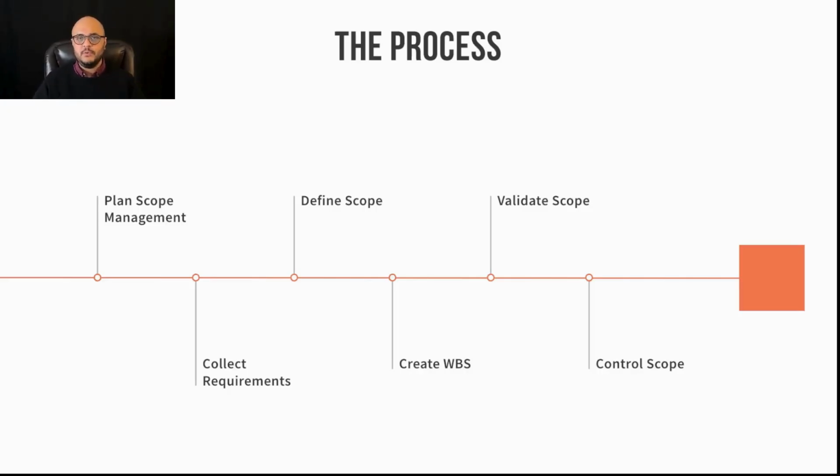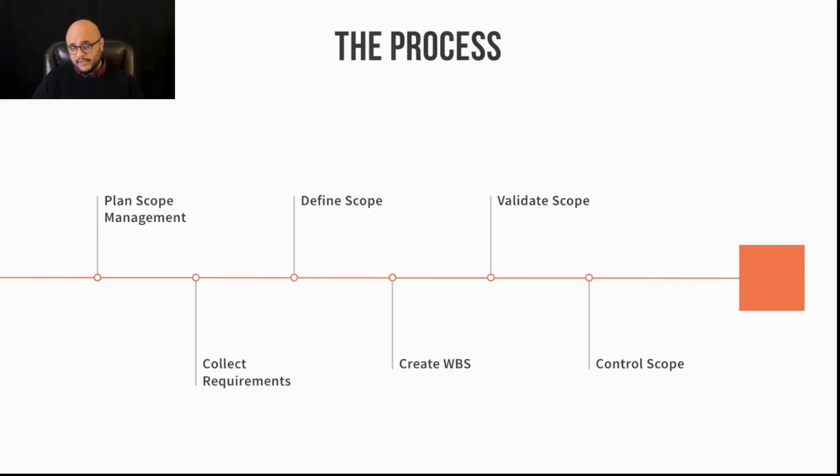Once I've defined the scope, I can then develop what's known as a WBS, or a work breakdown structure. And we're going to talk about it in a second, but it's exactly what it sounds like. It's a structure that outlines what all the different work packages are to develop that scope, to deliver that final deliverable. The steps I need to take in order to produce that deliverable, to deliver on the scope that I have for the project.